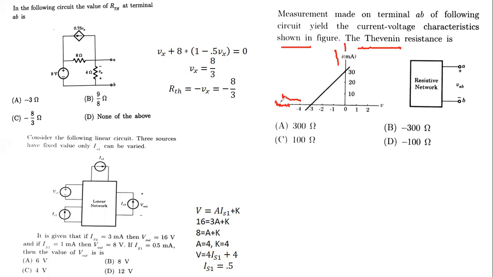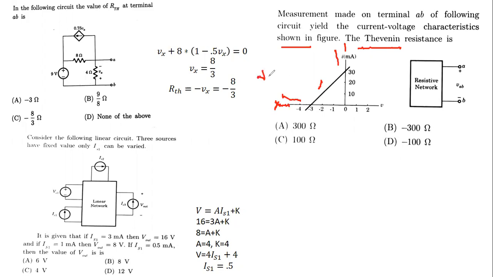At the x-axis, the value of current is 0. So 0 current means open circuit. So my open circuit voltage becomes minus 3 volt, because this line is touching the point minus 3 on the x-axis.